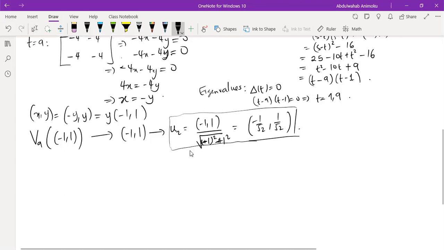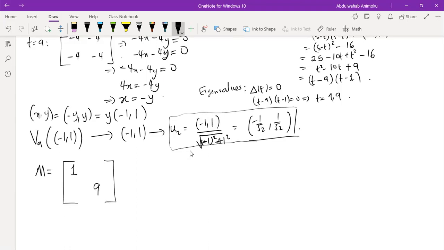So now we can conclude our transformation T. The matrix of transformation in this case would be the diagonal matrix, where we have the first eigenvalue here and the second eigenvalue here as a diagonal matrix. The rest will be zero, with the orthonormal eigenvectors.